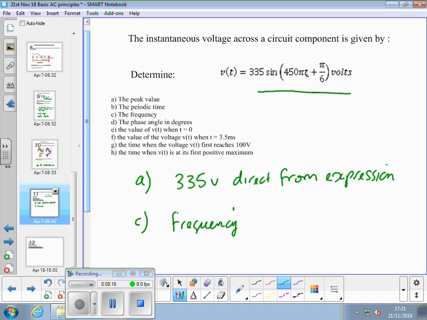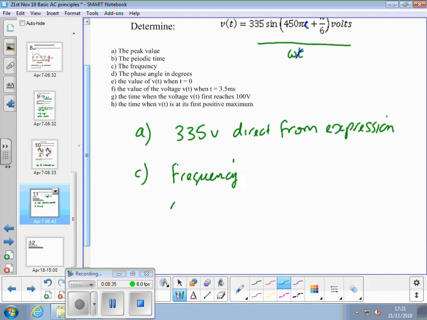And remember what the standard form is, that's omega t. So we cross that bit out because we don't want that. Omega is the 450 pi. So we say omega is 450 pi.